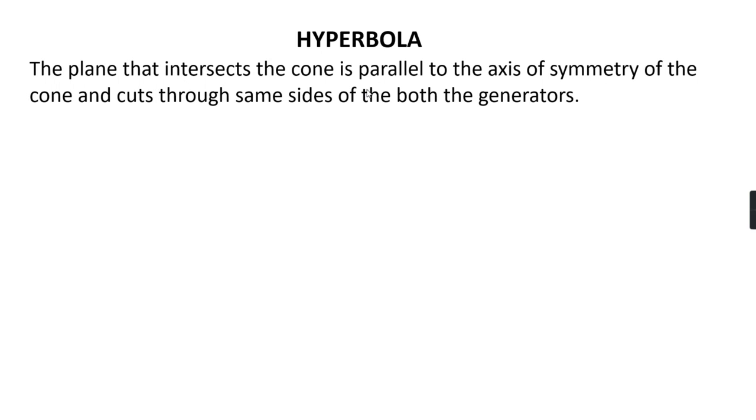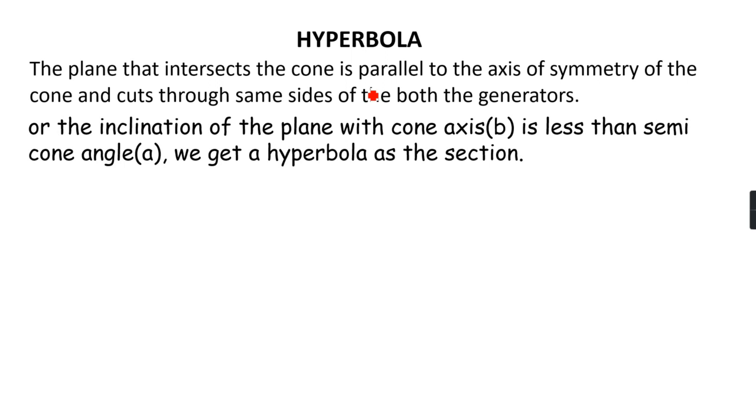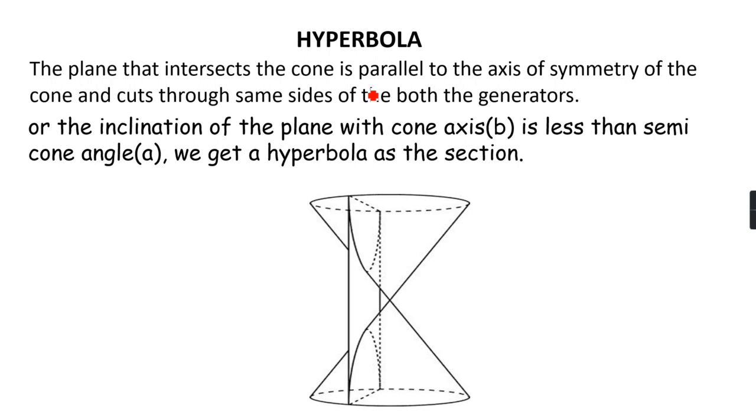The plane that intersects the cone is parallel to the axis of symmetry of the cone and cuts through both of the generators. Then we get the hyperbola. In other words, the inclination of a plane with the cone axis, B, is less than the semi-cone angle A.